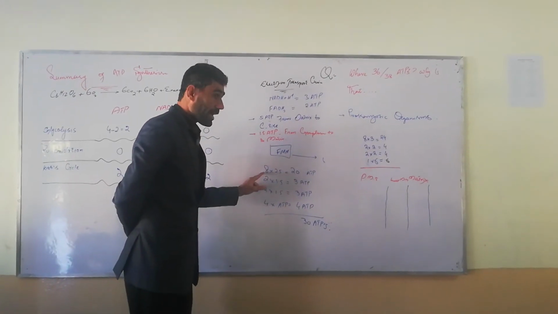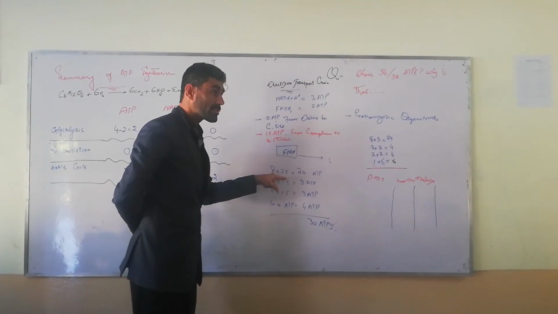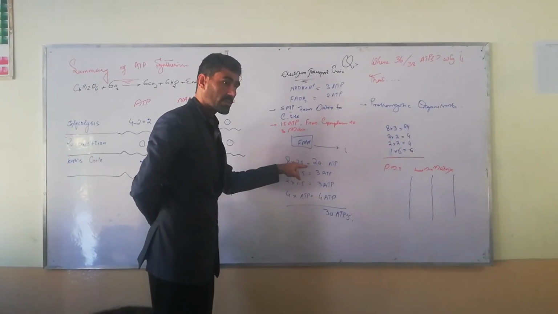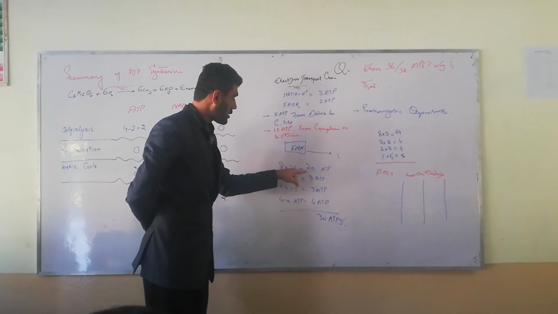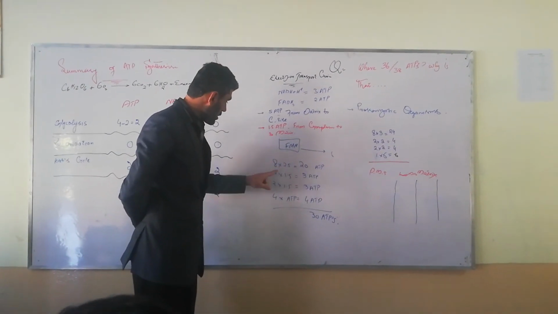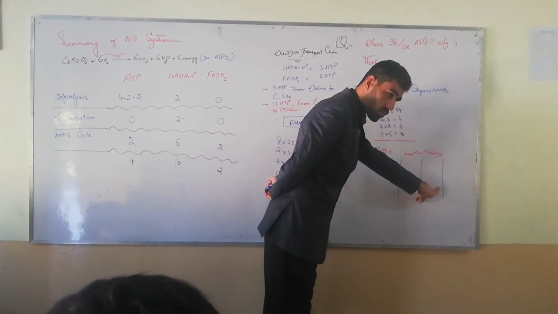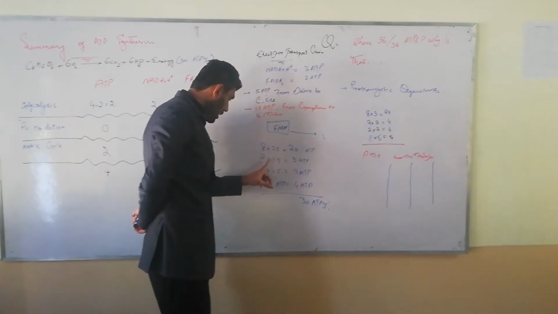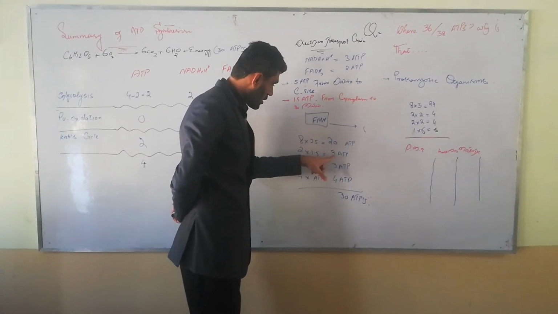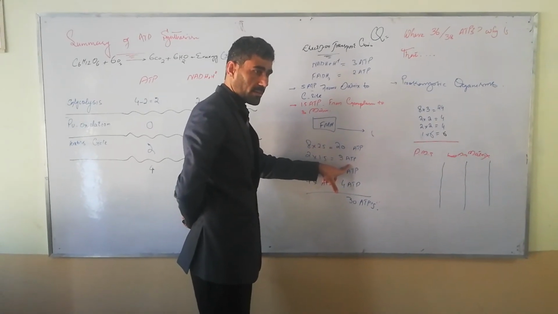So 8 multiplied by 2.5, and the actual amount is 20 ATPs. The 2 traveling from this side to this one, multiplied by 1.5, you will obtain 3 ATPs. Okay?